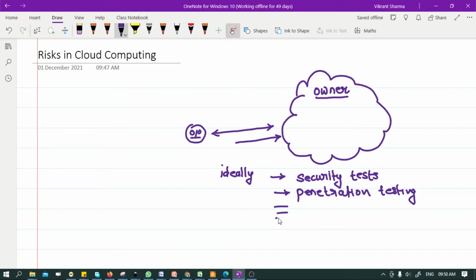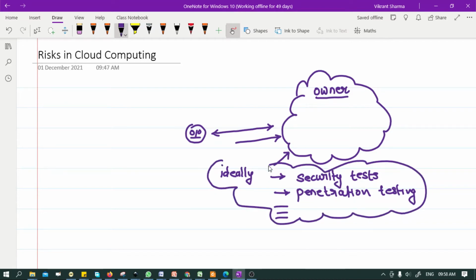Or other security tests on the cloud, so as to check how secure the cloud is. But it is not an easy task to perform all these tests as a customer of the cloud. So what you may do is ask the owner to perform all these tests internally, generate a report and provide it to you.